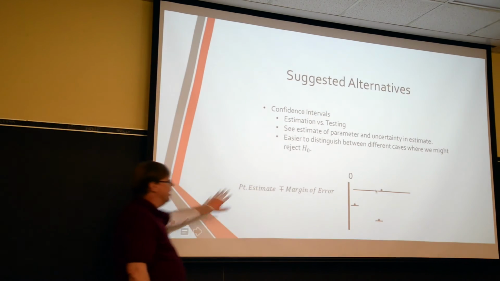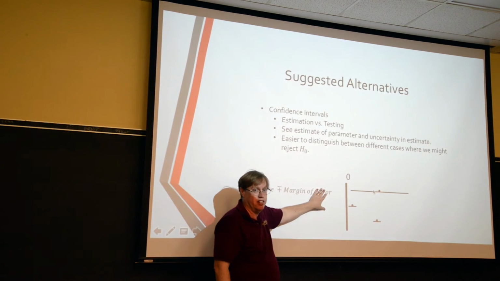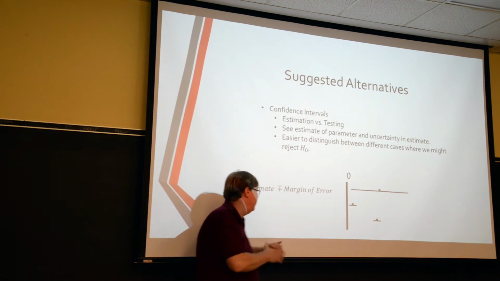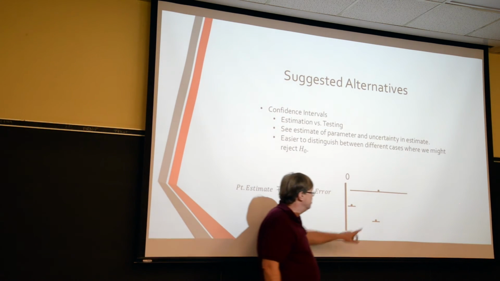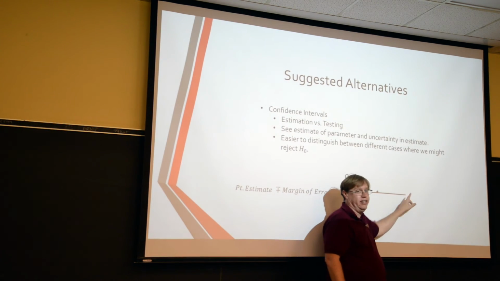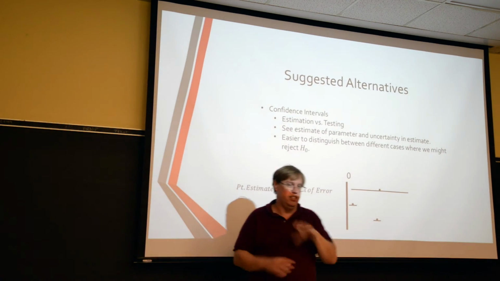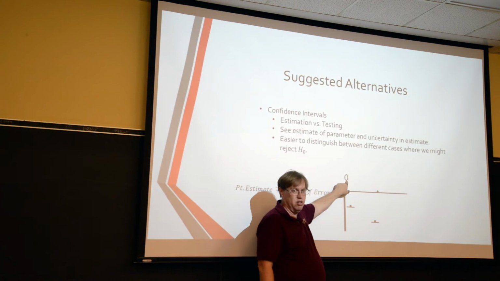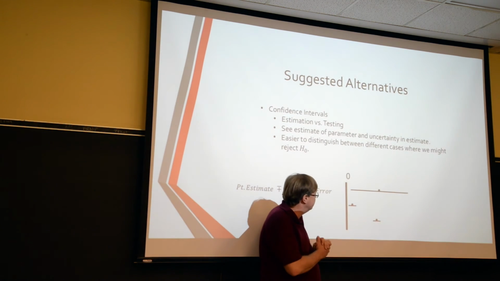If we have our point estimate plus or minus our margin of error, that's our typical confidence interval. Not all of them, but typically they're like that. So here's my point estimate, and this line here represents my confidence interval, a very generic case. I'm comparing it to 0, because that's what we were doing in our toy example.